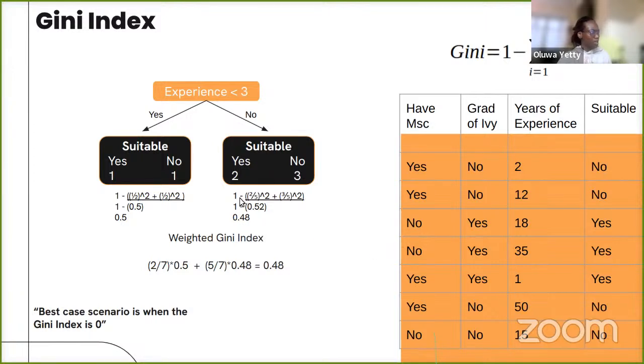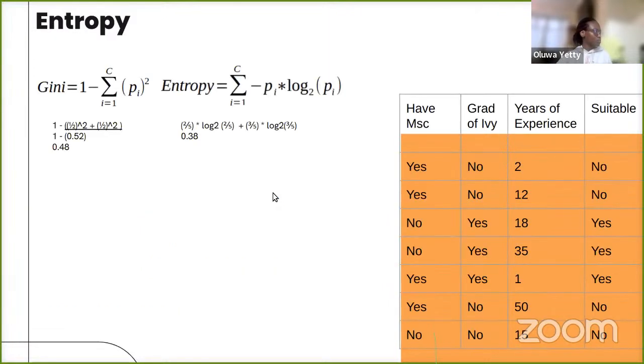Looking at this particular scenario I used for the example, we'll have 2/5 times the log of 2/5 plus 3/5 times the log of 3/5, which is what we have here. If you understand this one, it makes the other one easier, because you're just doing the summation of the probability times the log of the probability.